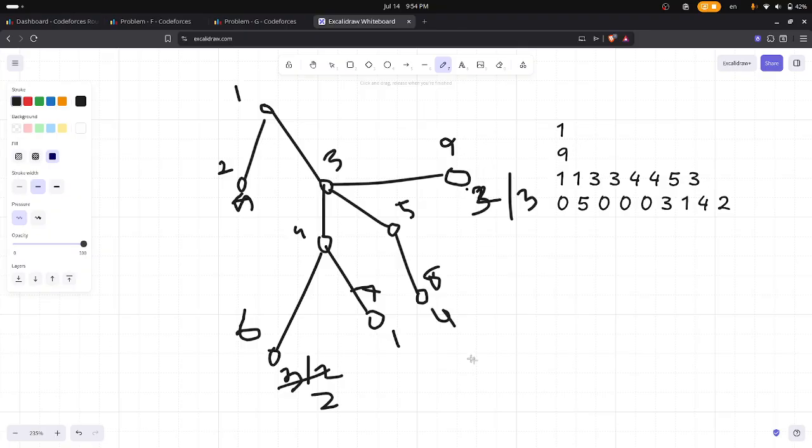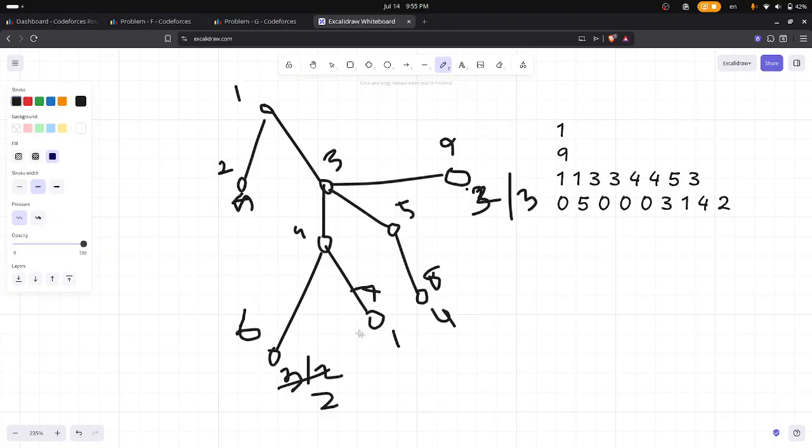Wait. I'm not doing cyclic shift. Wait, I'm doing cyclic shift. Okay, 5 can be here, but if we do cyclic shift here, then it is not possible. This is true. Cyclic shift must be like, okay, we can do cyclic shift here.